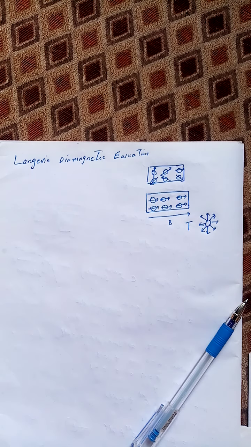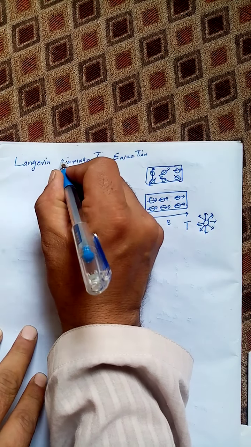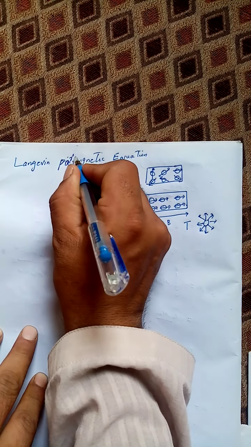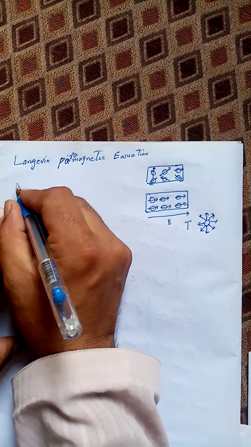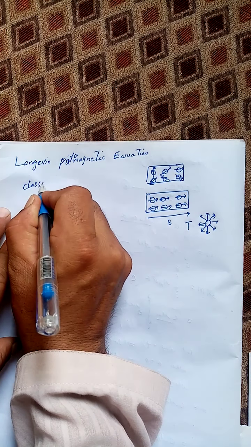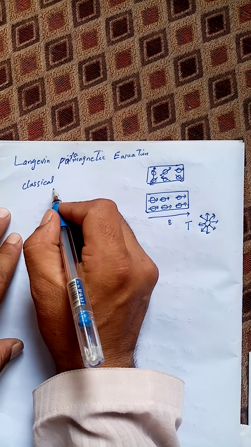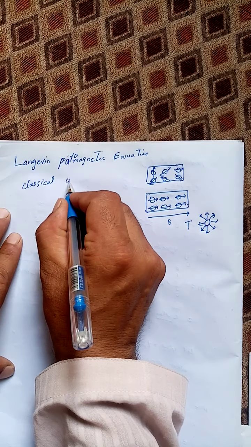Now, likewise the Langevin diamagnetic equation, Langevin also derived an equation for the paramagnetic material which discusses all the properties of paramagnetic material. He considered the paramagnetic material by using the classical approach.